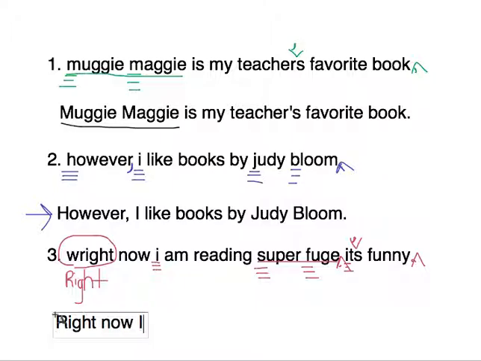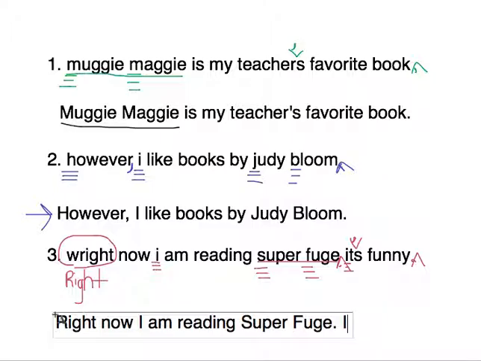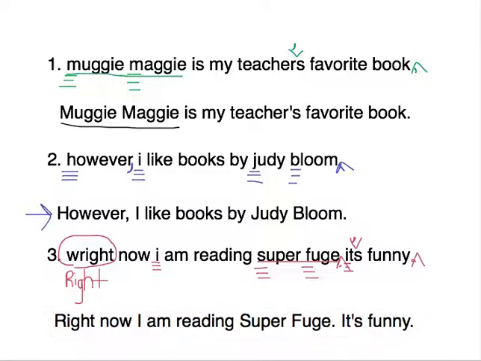Right now, I am reading Super Huge. It's funny. And then I'm going to go back and I need to underline my book title. Now I have all the correct edits for my third sentence.